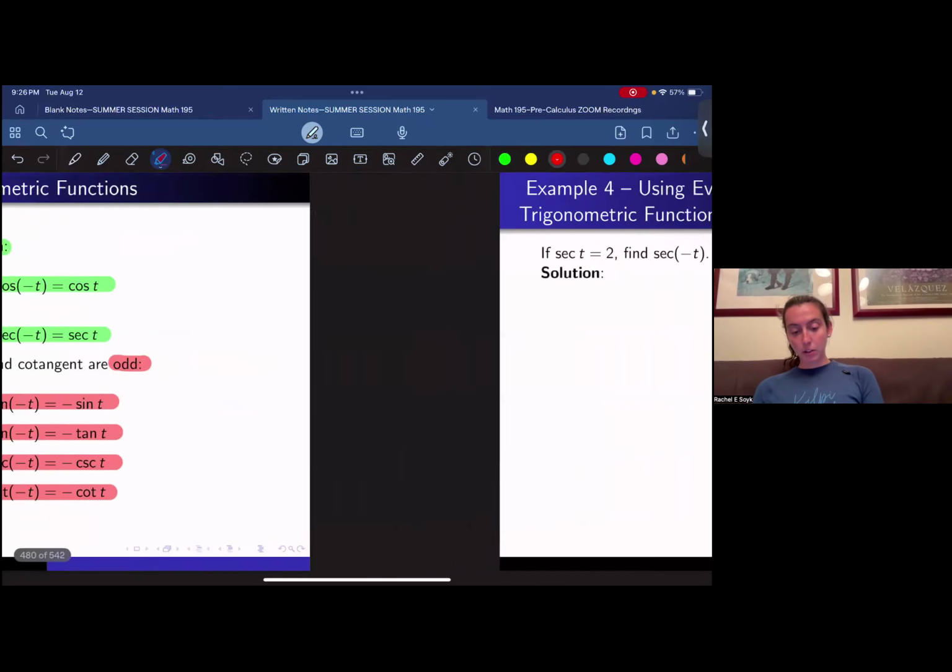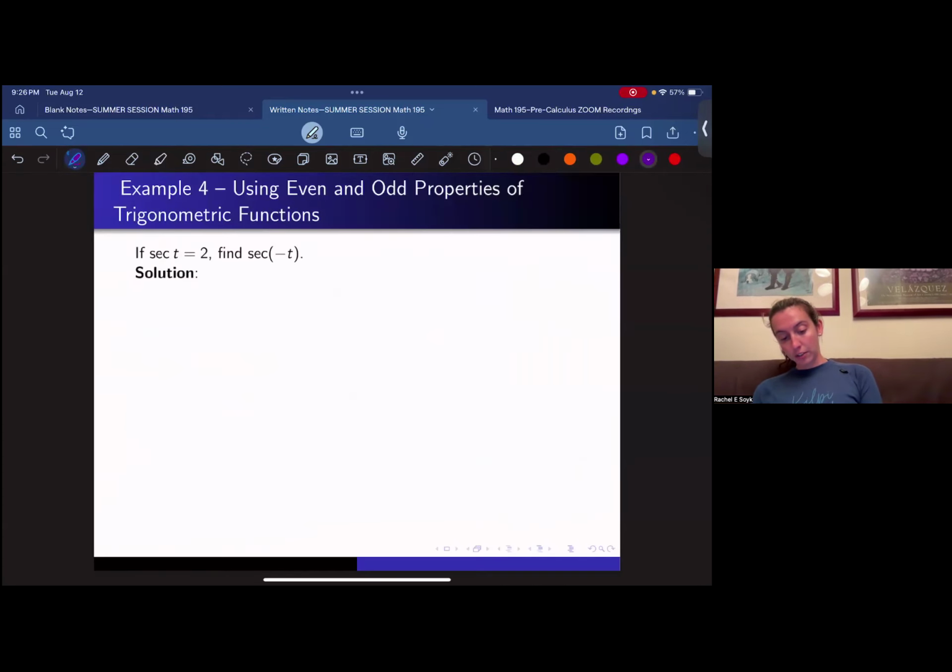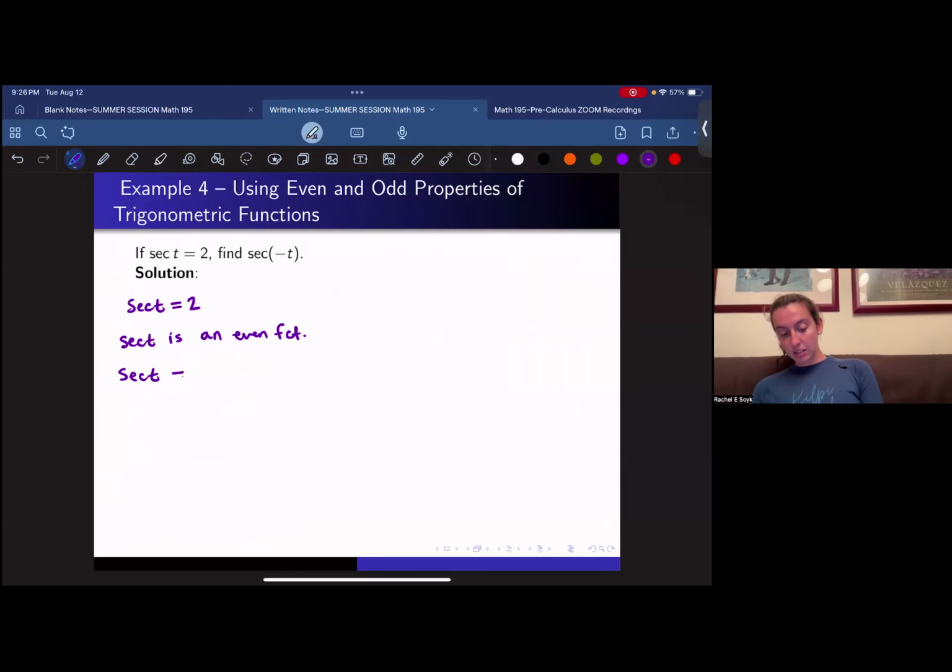So now let's tackle example 4 together. Secant of t is equal to 2. Well, we know secant of t is an even function, which tells us that secant of t is equal to secant of negative t, which is what we're trying to solve for.